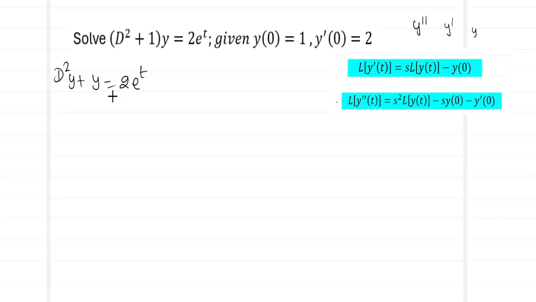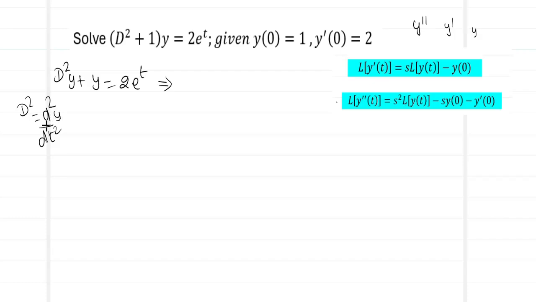Now this can be replaced as follows. We can see that y is a function of t, hence D square represents d square by dt square operated on y.